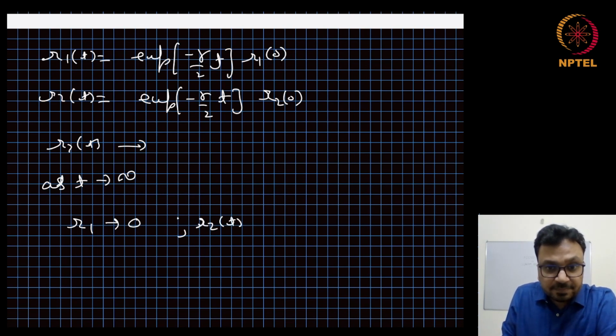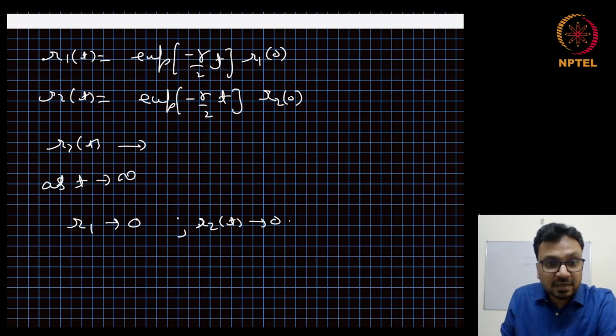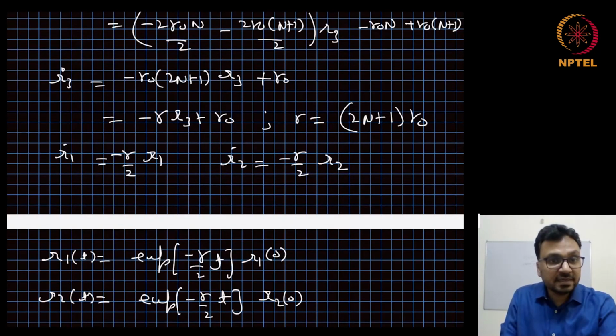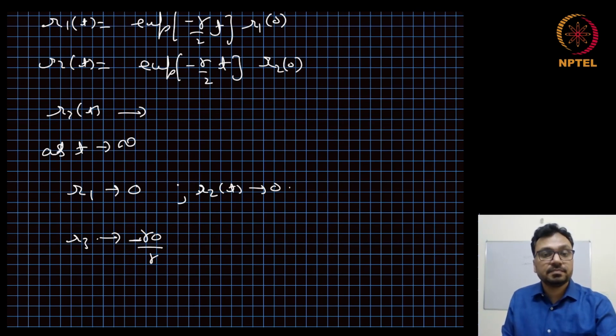R2 of t tends to 0 because again same equation, and for R3 of t when t tends to infinity, R3 dot will be 0 because it's a steady state, there is no change in R3. So when we substitute the right hand side to be 0, then R3 becomes minus gamma naught over gamma, that is minus 1 over 2n plus 1.